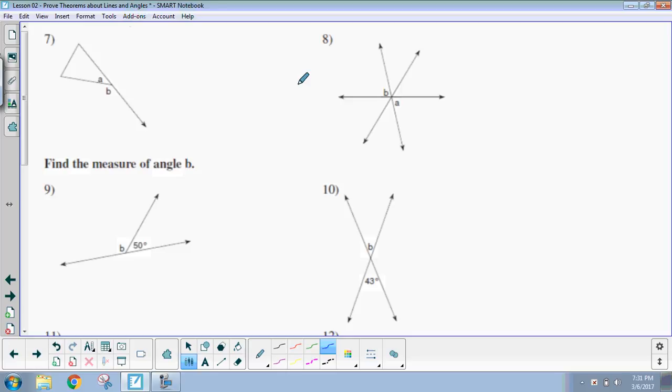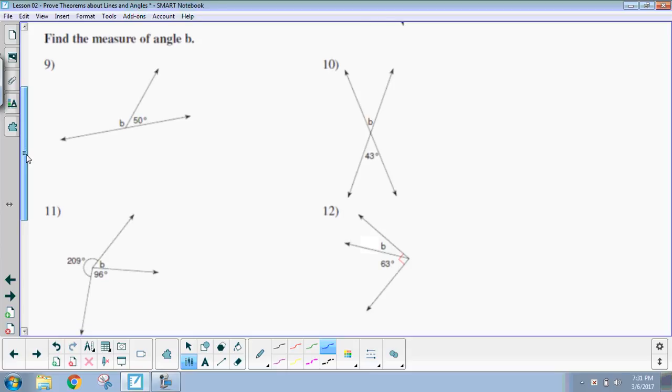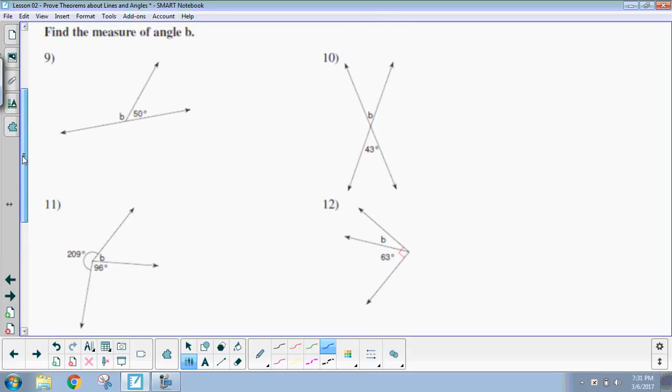All right, we're back. A and B, linear pair. 8, vertical. And then down here, find the measure of B. Go ahead and pause it and try it out. All right, we're back.